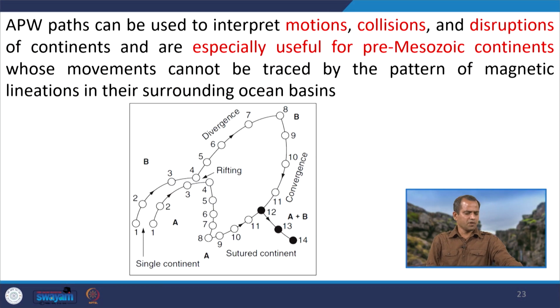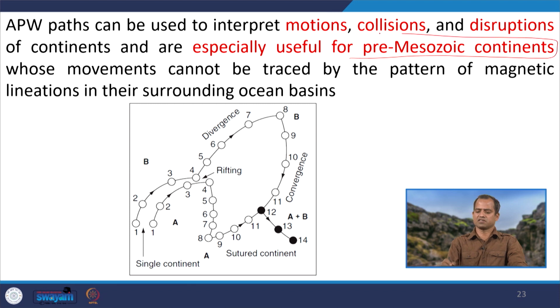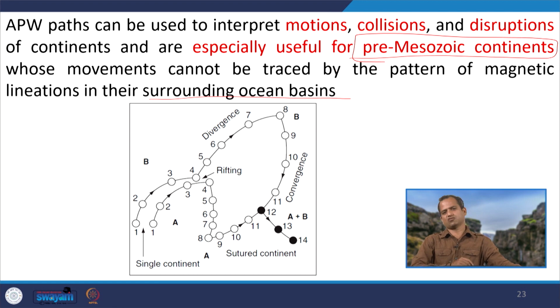So, apparent polar wandering paths can be used to interpret the motion, collision, and disruption of continents, and are especially useful for pre-Mesozoic continents whose movement cannot be traced by the pattern of magnetic lineation in their surrounding ocean basins. So, now you see, for the ocean basins up to the early Cretaceous, continental drift or seafloor spreading can be studied using paleomagnetism.